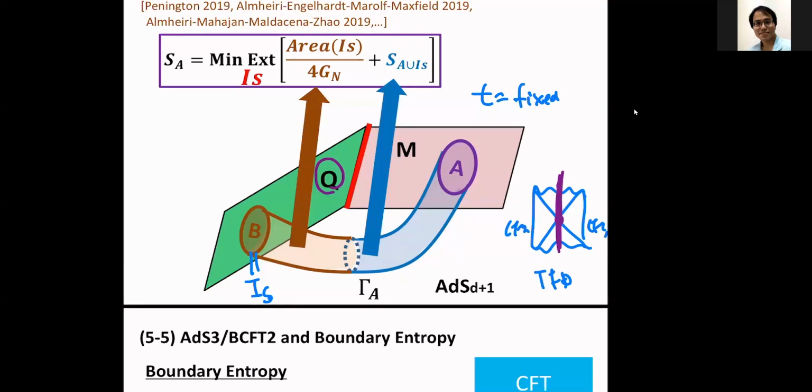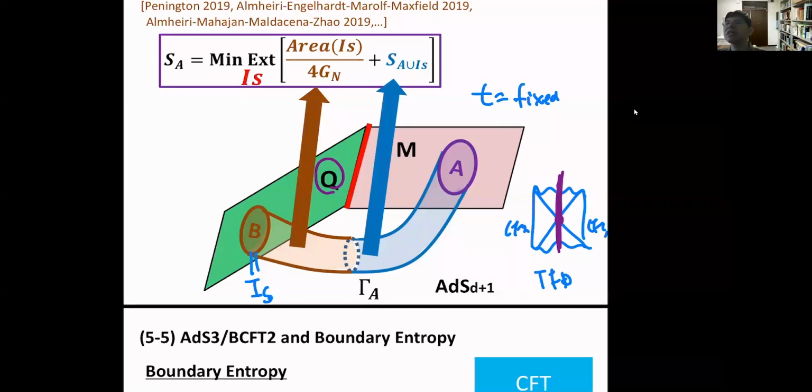What does the brane tension correspond to from the CFT point of view? Good question. That's actually my next talk, and it is related to the boundary entropy. The boundary entropy is a monotonic function of the tension.